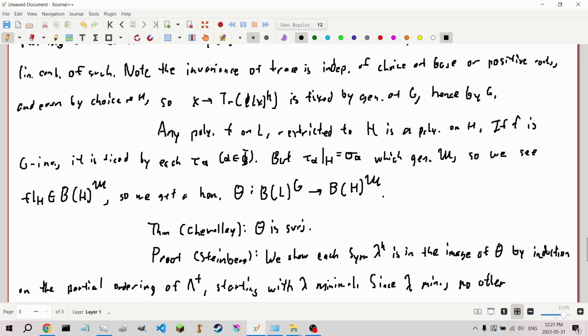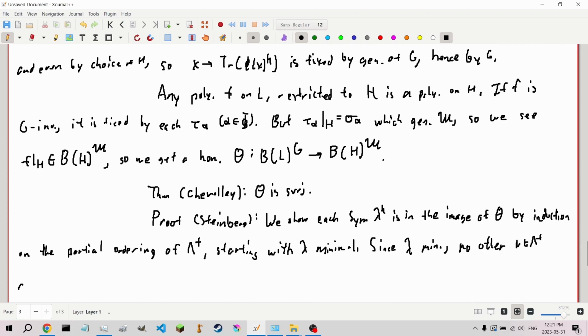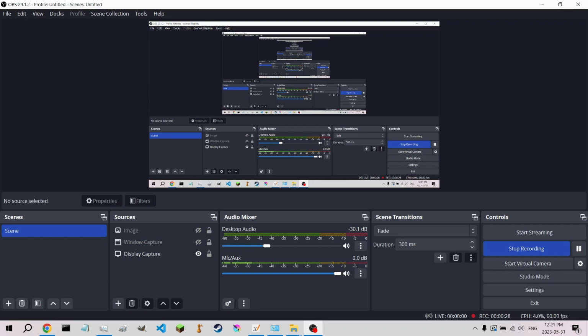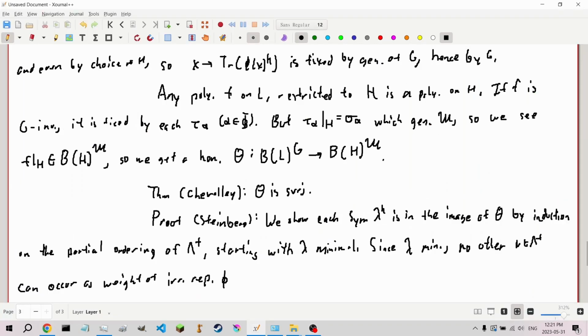No other mu in lambda plus can occur as a weight of the irreducible representation phi whose highest weight is lambda.